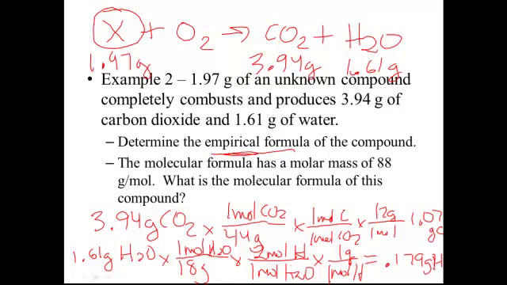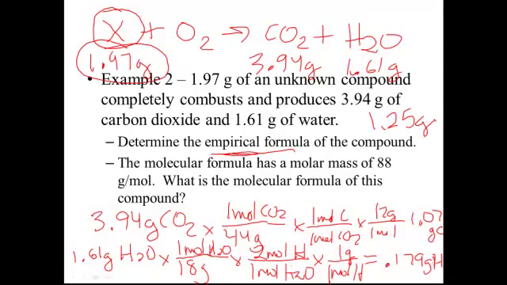So if we've got 1.07 grams of carbon and 0.179 grams of hydrogen, let's see if there's anything left. We've got 1.97 all total. So we have 1.07 grams of carbon plus 0.179 of hydrogen, and that only adds up to let's say 1.25 grams all total.